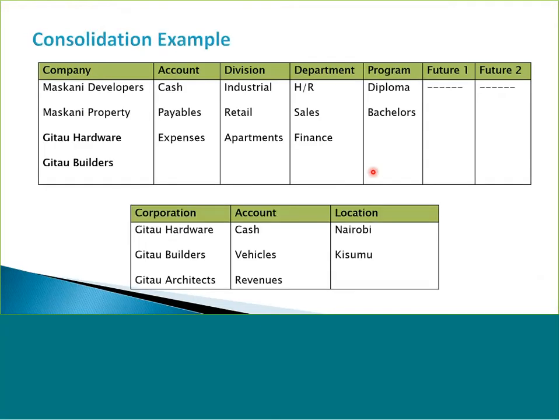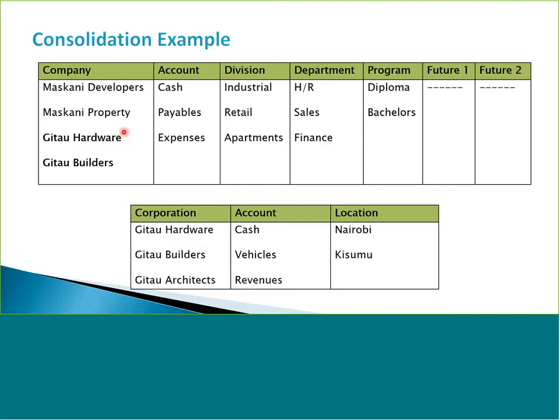So now, for example, let's say we want to create the segment rules for this first segment, for the company and the corresponding corporation segment in the subsidiary. What are we going to do in Oracle? What we are basically telling Oracle is that we want this company, the Gitao hardware, for example, which is 01 in the subsidiary, to be converted to this in the parent company.